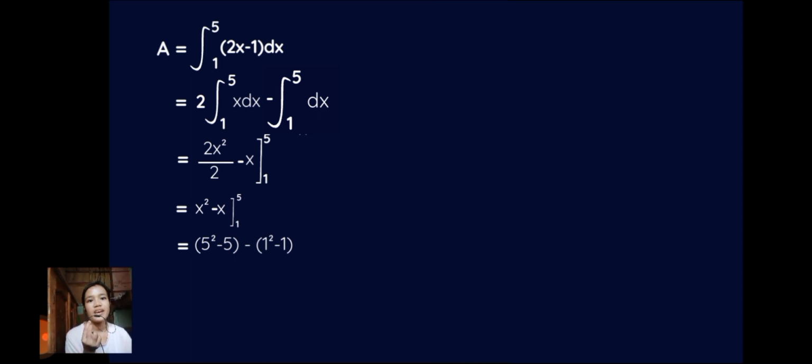So, 5 squared is 25 minus 5, the answer is 20. Then, 1 squared is 1, minus 1, so 0.